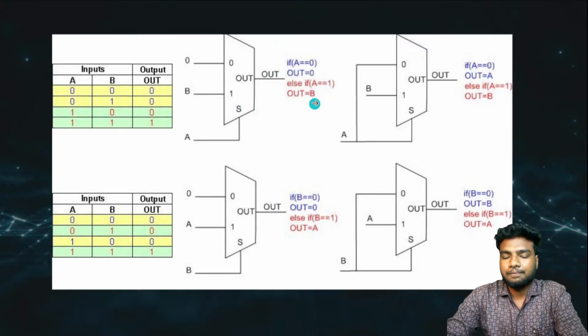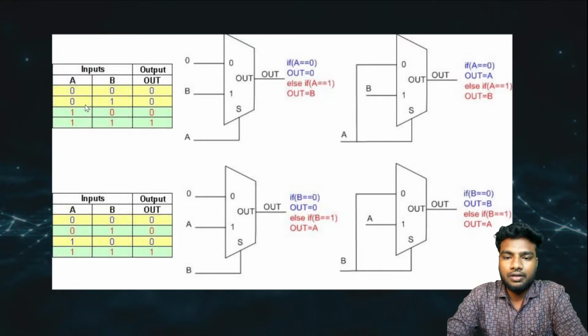Firstly, you have to analyze the truth table for the AND gate. We know that the mux has two inputs and one selection line: input 1, input 2. If the selection line equals 0, it will choose this line; if the selection line equals 1, it will choose this line for the output. Let's analyze the truth table for the AND gate.